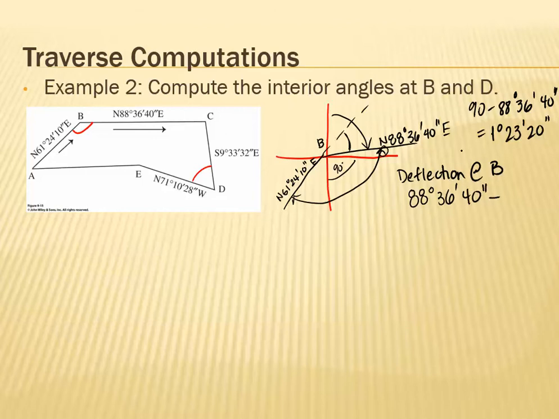minus, trying to find this deflection angle, if this line is that much, it should be the same up here. So I'm going to subtract this minus that to give me this angle right here. So minus 61 degrees, 24 minutes and 10 seconds.